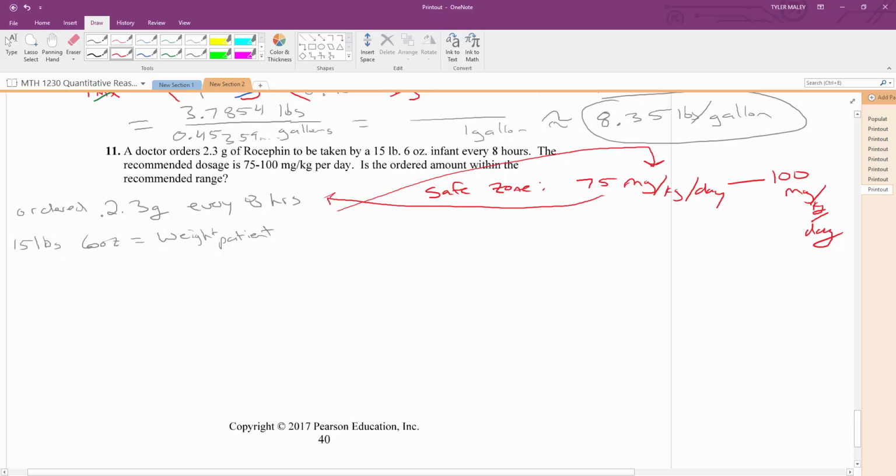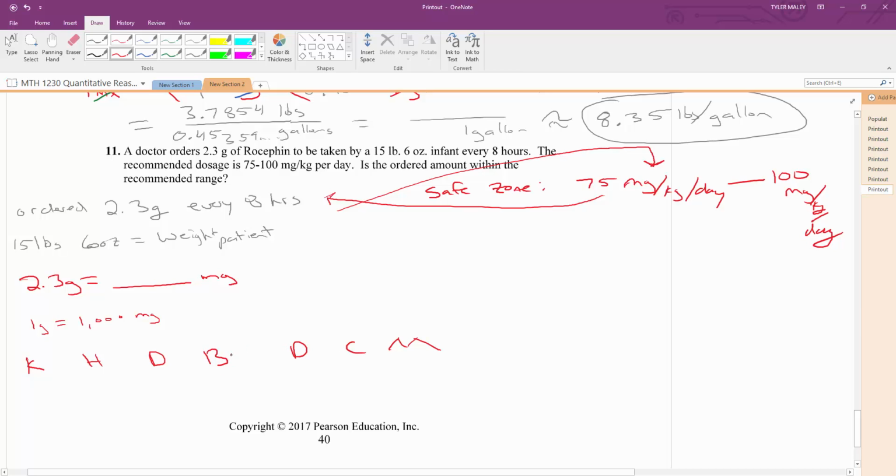So first of all, let's figure out how many milligrams of medicine are being taken every day. 2.3 grams equals blank milligrams. We need to figure this out. 1 gram is equal to 1,000 milligrams, and you may have learned how to move in the decimal system by a silly saying: King Henry died by drinking chocolate milk.